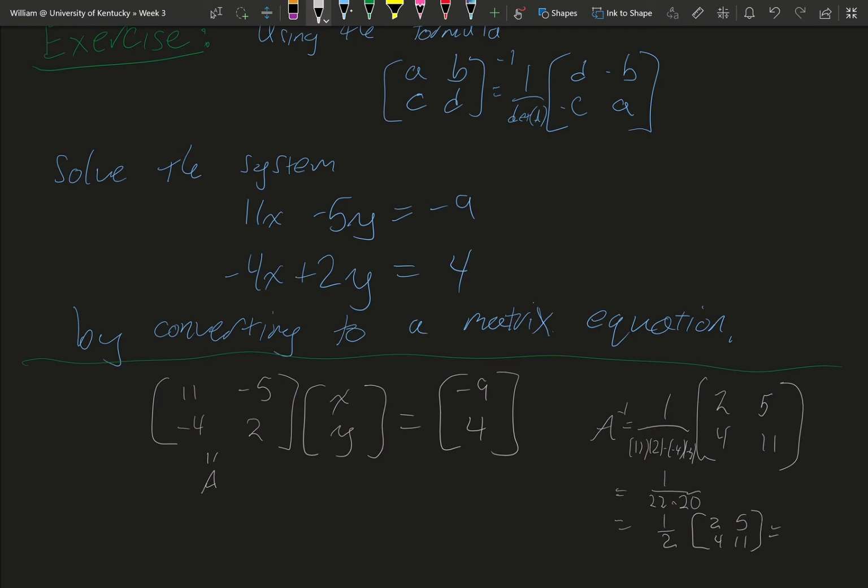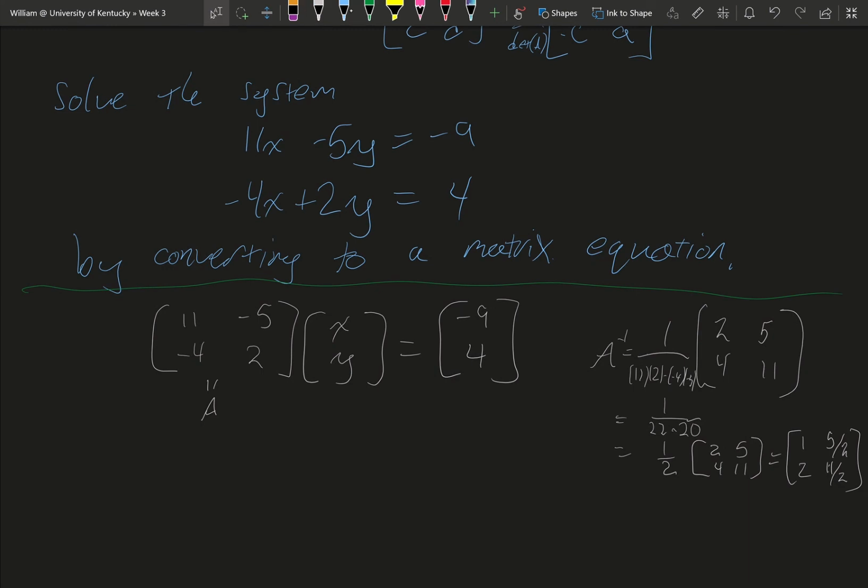So our A inverse is 2 over 2, so 1, 4 over 2, so 2, 5 halves, and 11 halves. Whoa, 5 halves, not 5 11ths, and 11 halves.